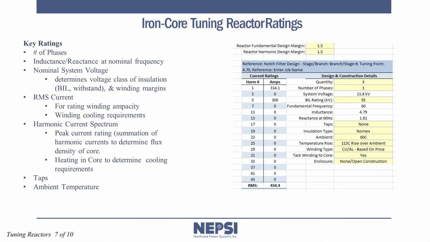So what we essentially do is we can tap each of the stage reactors differently, such that if for some reason the performance that we were expecting to get or hoping to get from our fifth harmonic filter design is not adequate, we can tap the second, third, and in this case fourth stage reactors to allow for tuning at different frequencies or higher frequencies.